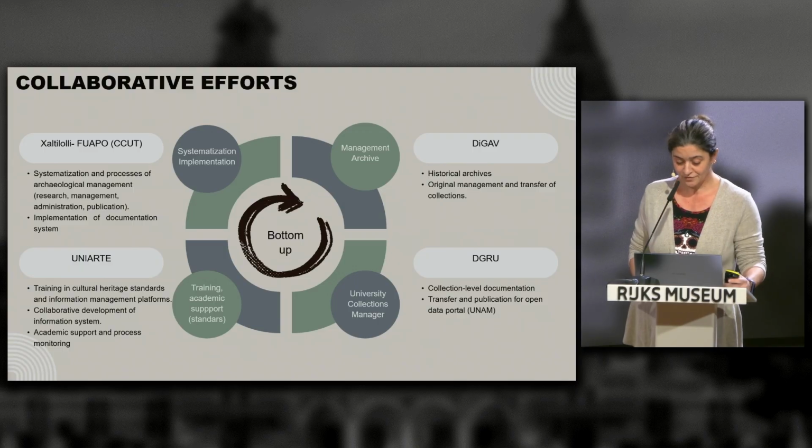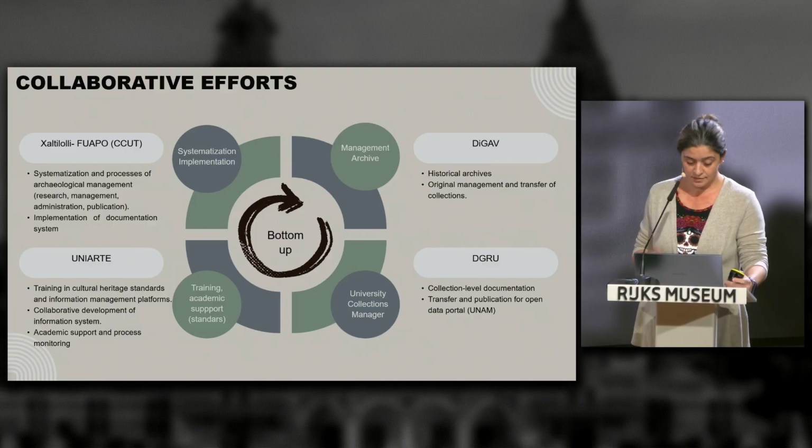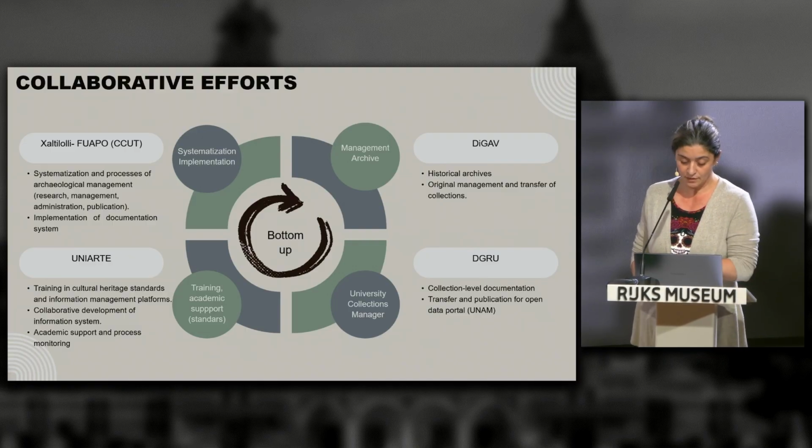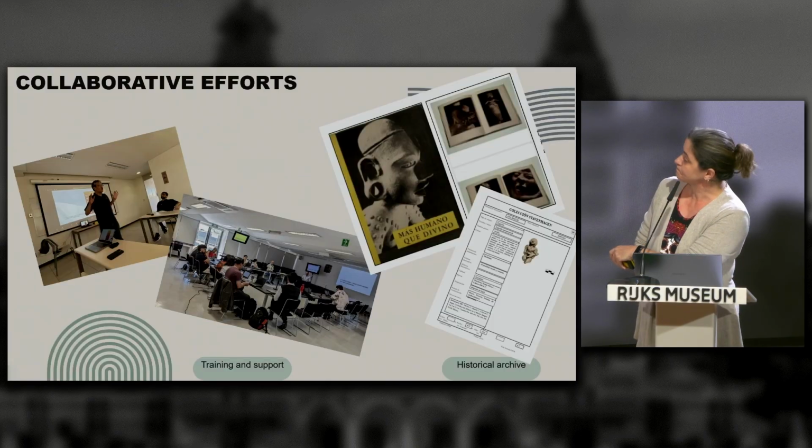The DGRU, the General Directorate of University Repositories, as the area of the university that is acting as an aggregator of all the university collections and systematizing the information with a view to its publication, and CCUT, as those responsible for the archaeological collection and generator of the challenges, may I say problems, of management and documentation of these objects.